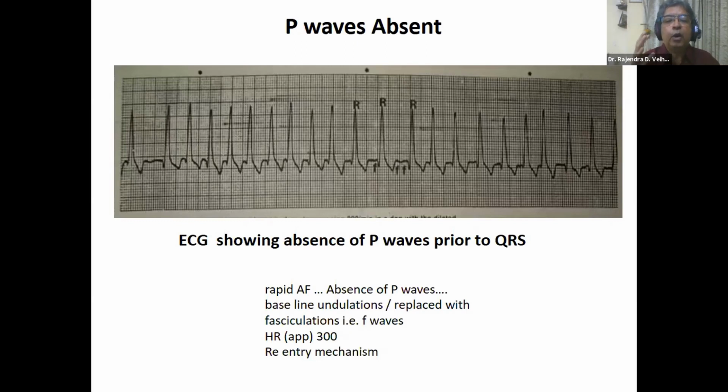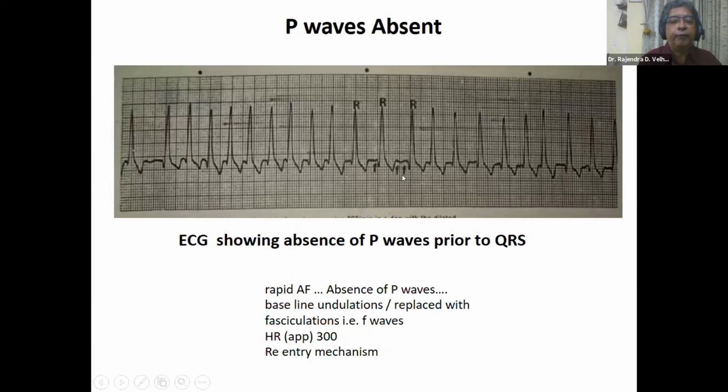So there is no organized activity at the atria, but just chaotic activity. And many of the impulses pass through to the QRS complexes, pacing the heart at very high speed. But because of the chaotic activity at the atria, you will find there is absence of P waves, and you will find baseline undulations or fasciculations.